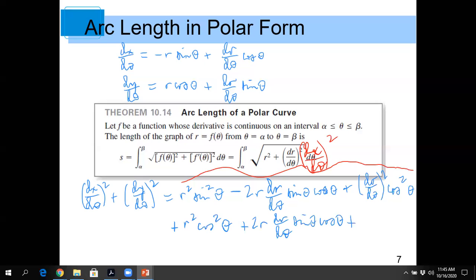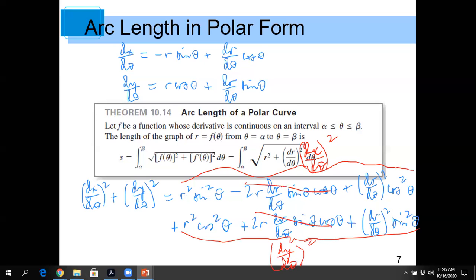And then it's going to be plus dr d theta squared sine squared theta. Interesting. What happens to the middle terms? They absolutely cancel. That's amazing. So all this stuff right here is what we get when we take dy d theta and square it. Yeah? But this guy here cancels this guy here.